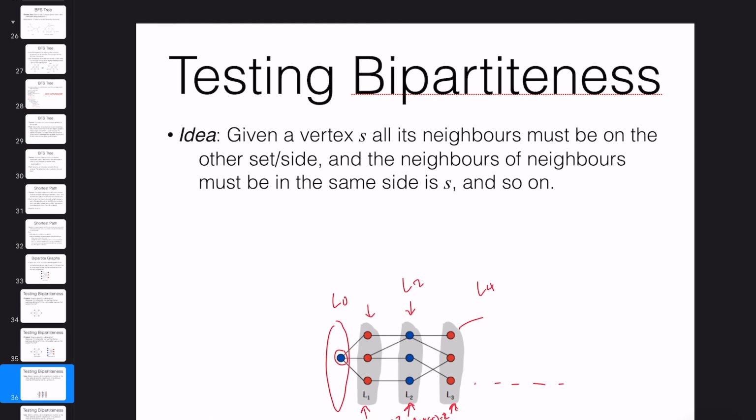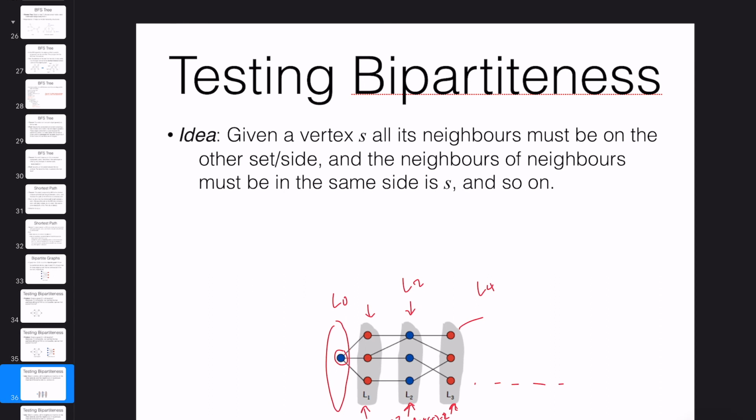All those nodes which have even distance are going to be in the same set as the node that you have started, and all the nodes which are at odd distance from the starting point are going to be in the other set. This basically just gives me two different sets. If the graph is bipartite, after you divide all of the nodes into two different sets, you just need to check if there is any edge between the nodes in one set.